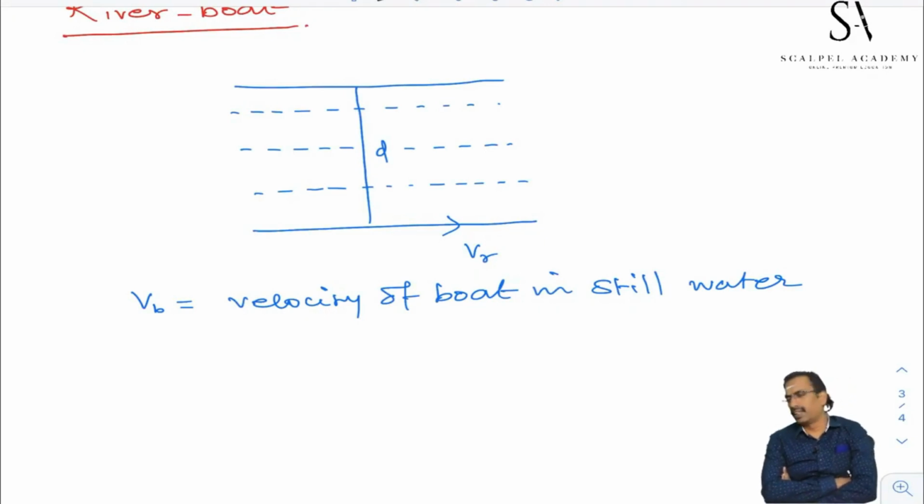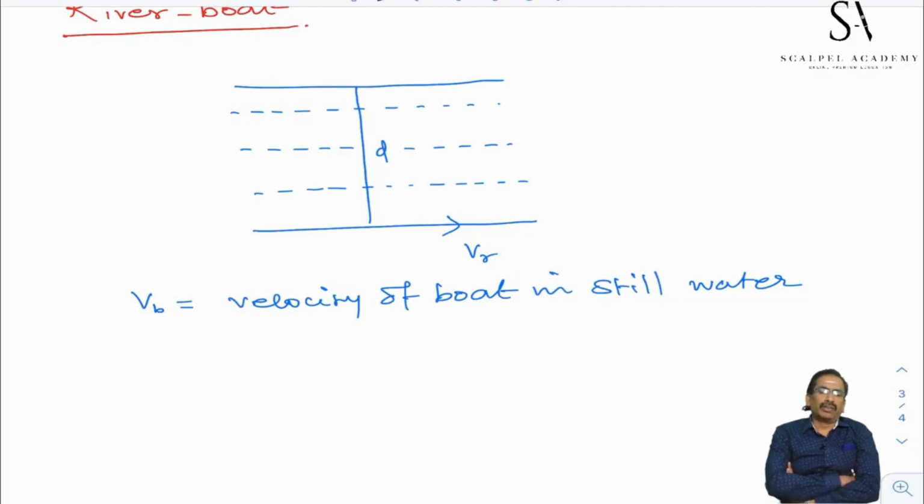It will be pulled in the direction of water. The boat velocity will be equal to the velocity of the river, if at all the boat is not rowed, just kept on the water. But a boat capable of moving, or that can be rowed, with a velocity Vb in still water.